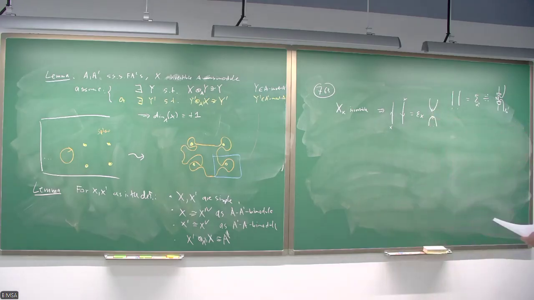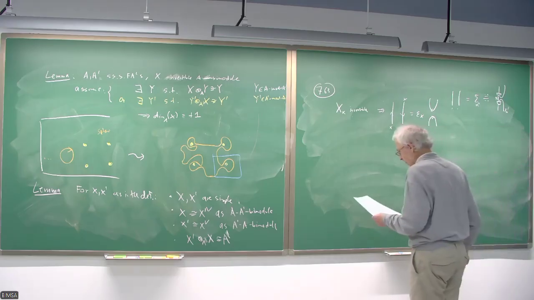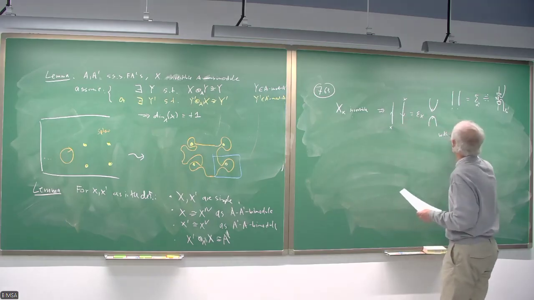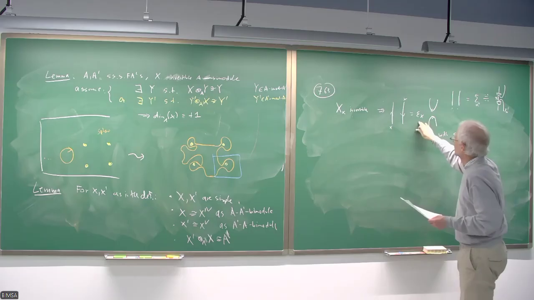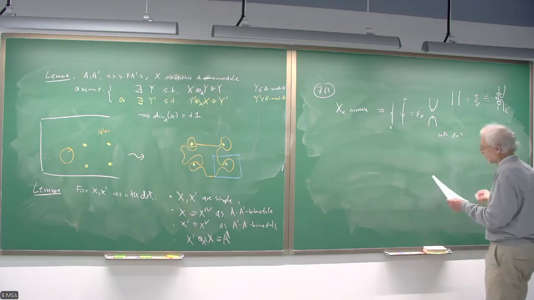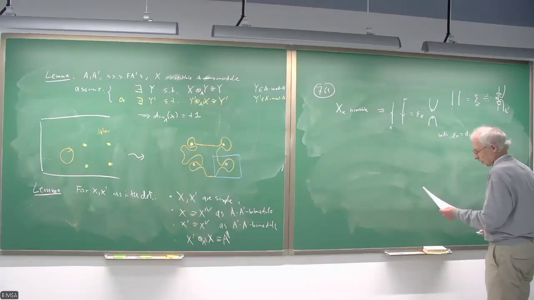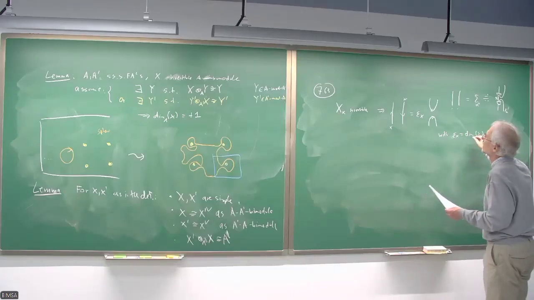Again, I'm implicitly using pivotal structure. And then again, by taking traces, you see that the factor epsilon that you have here is nothing but a dimension, the A dimension.